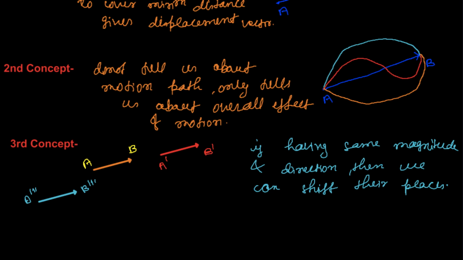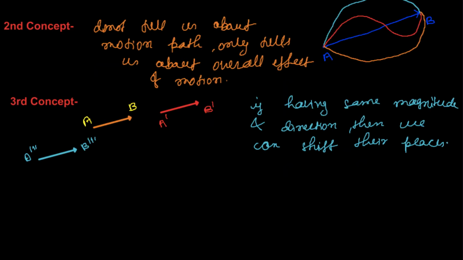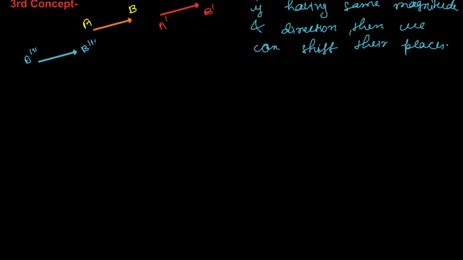Now the fourth concept. For the fourth concept, we have to see 3D and 2D, and a plane. Suppose you have an A4 paper.